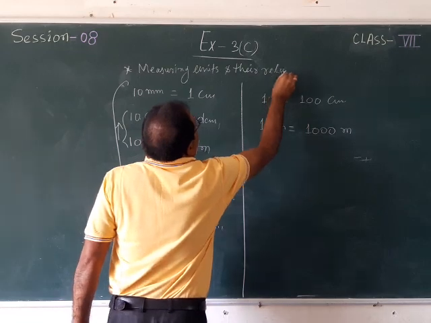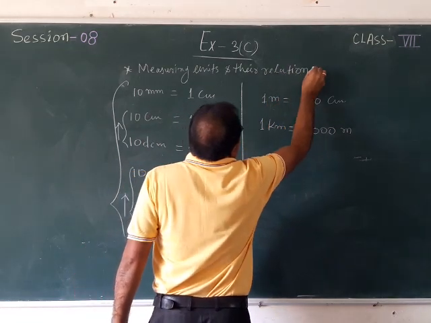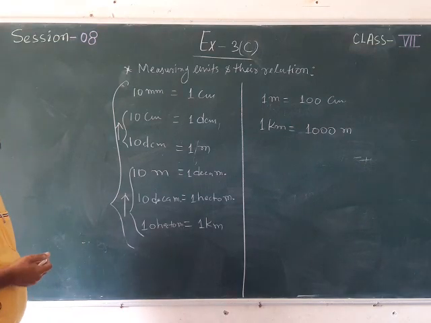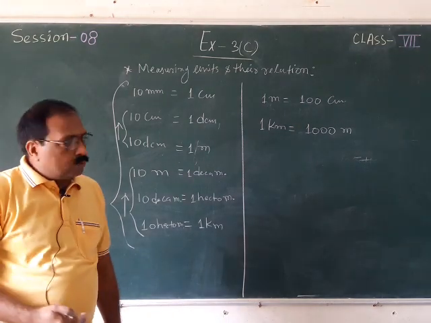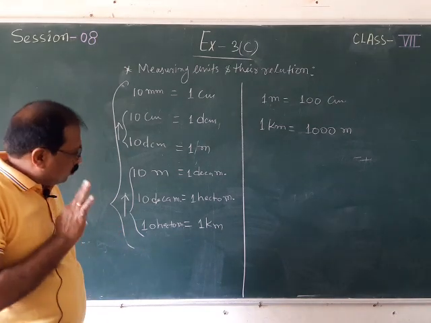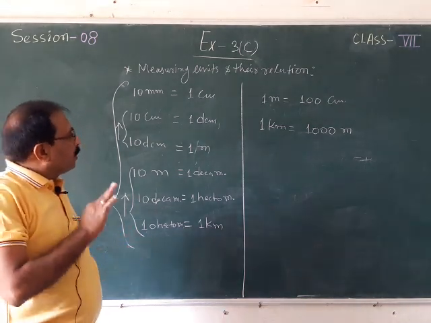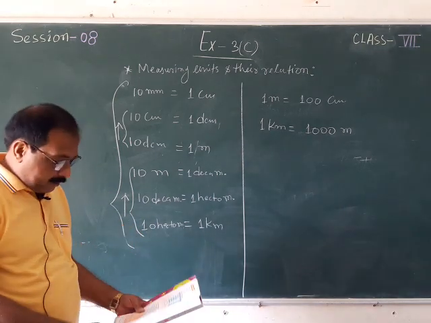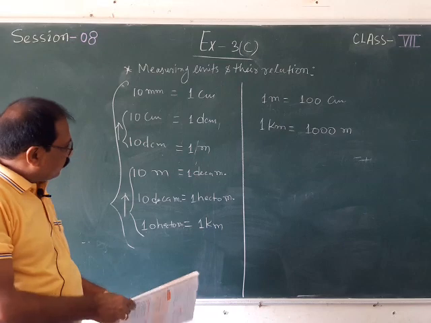This is very important for you. By that you can change any of the measuring units into any other units. So it is very important for you all, and you just write down this one, and by using this we will be doing a lot of questions here.